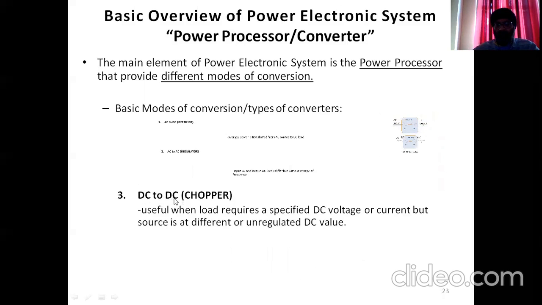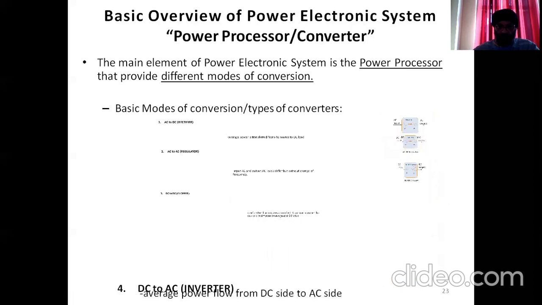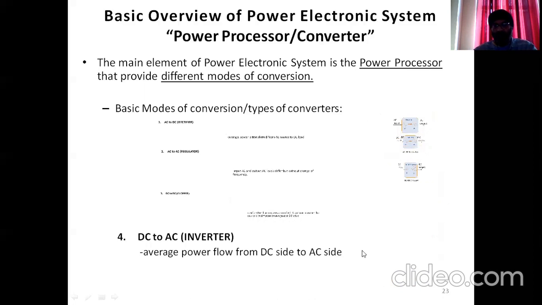Input DC, output DC, we call it a chopper. DC to DC converter, we call it a chopper. DC to AC, as we already know, we have inverters at home, so they convert DC to AC. Any value of AC we can get from this power converter, which is called an inverter.